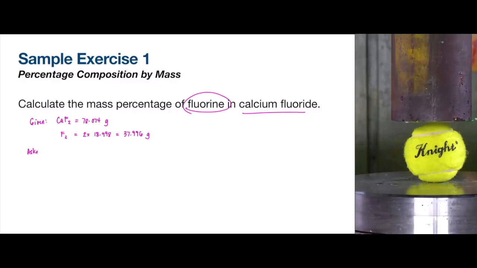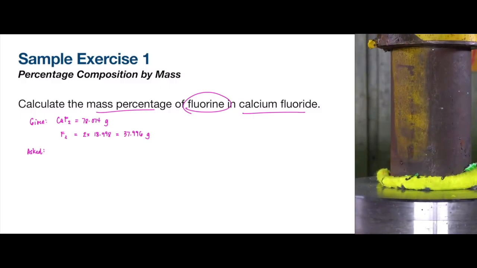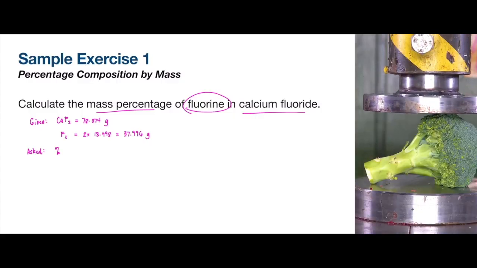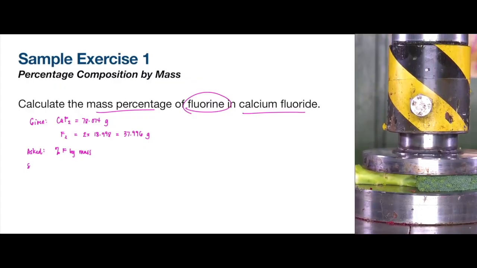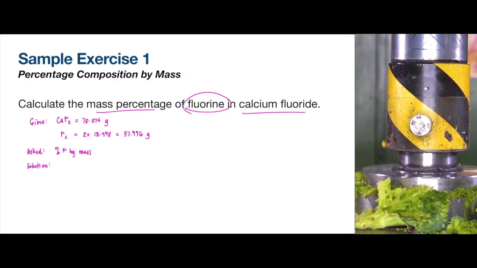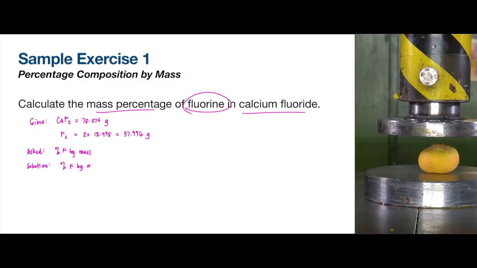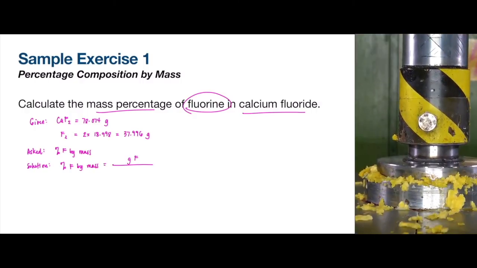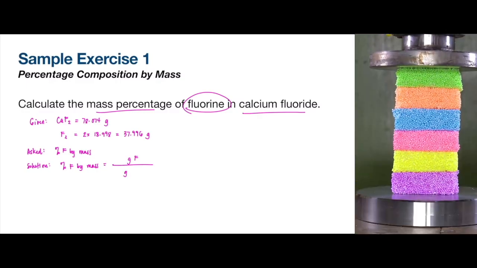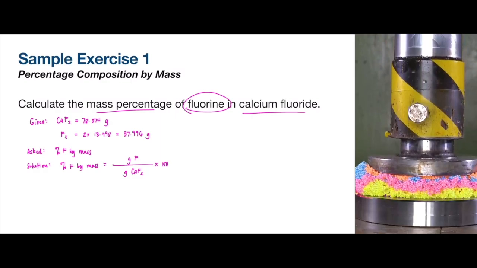Now, we are asked about the mass percentage of fluorine, so we're going to write it as percent fluorine by mass. For our solution, the formula for percent fluorine by mass is equal to grams of fluorine, since we're talking about mass, divided by the grams of calcium fluoride times 100%.